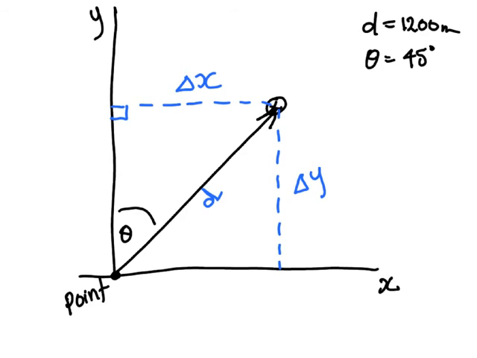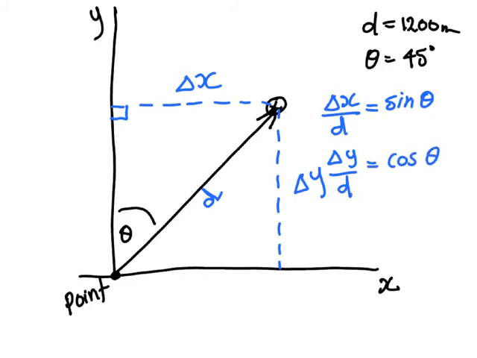So we can go delta x over d equals sine theta, and similarly we can go delta y over d equals cosine theta.